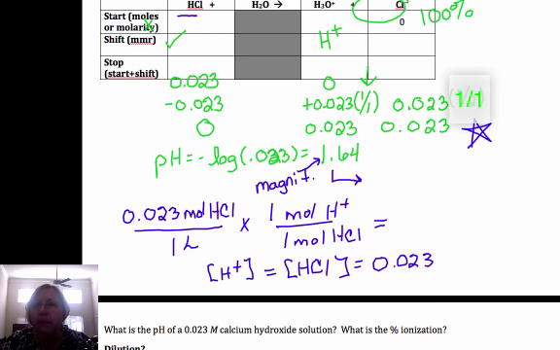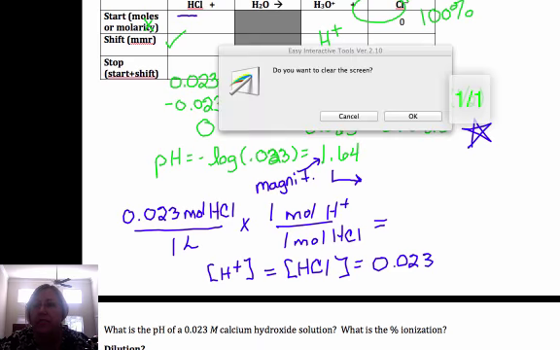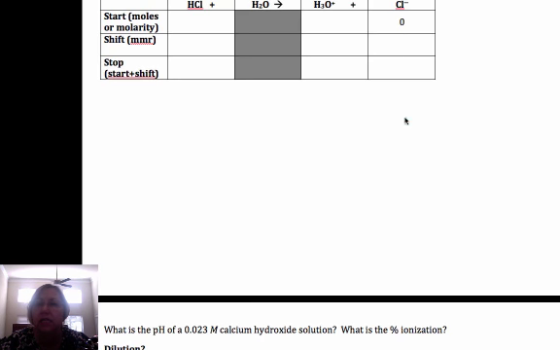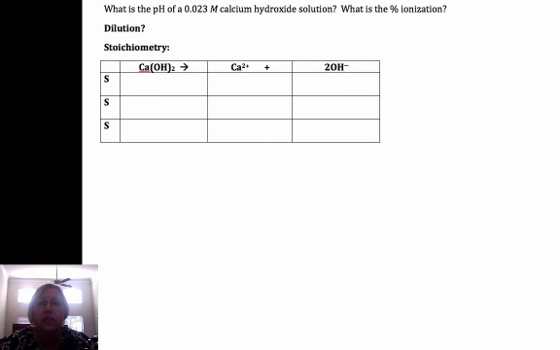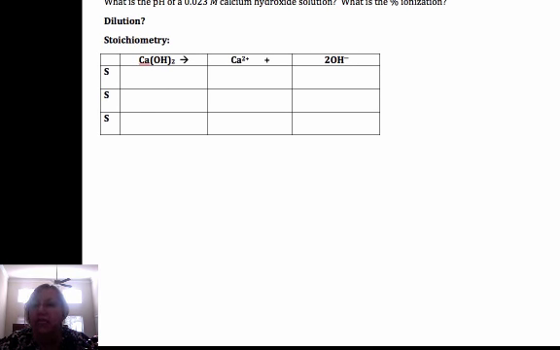So let's take a look at our strong base for this video, and then we will cut it short for this one. Let's look at our strong base. I intentionally chose one that had 2 hydroxides. Now, because of that, that limited my molarity here, but it turned out to work quite well.